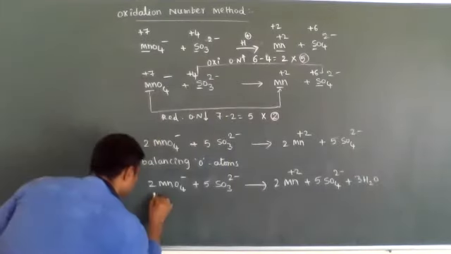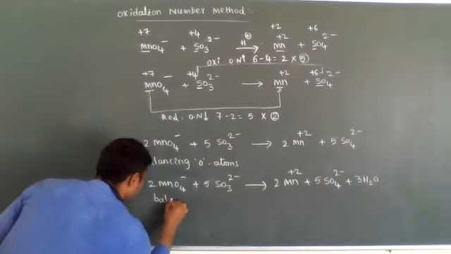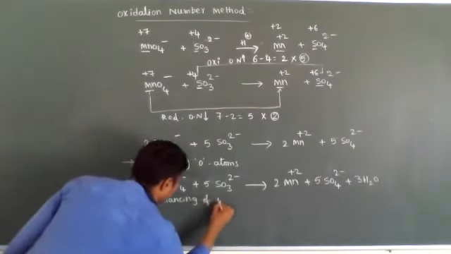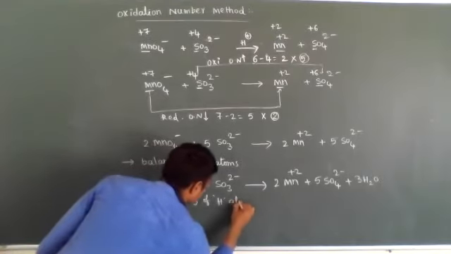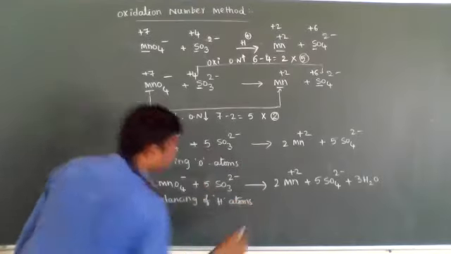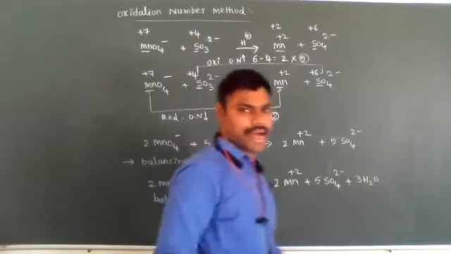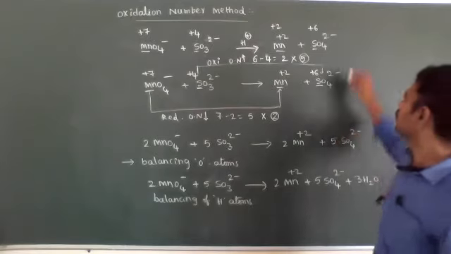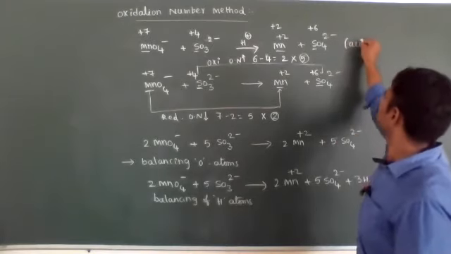Next step, balancing of hydrogen atoms. Hydrogen atoms balancing, in acidic medium, is done by the addition of H plus ions. This is acidic medium.